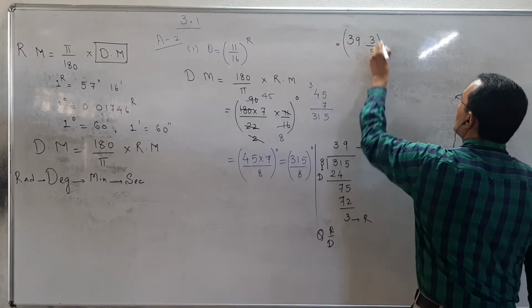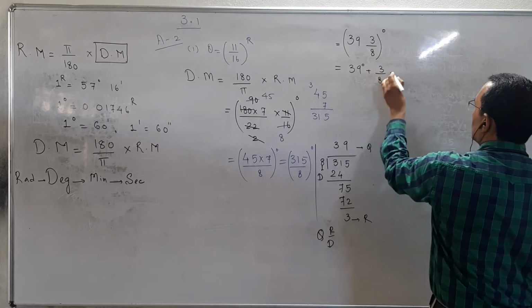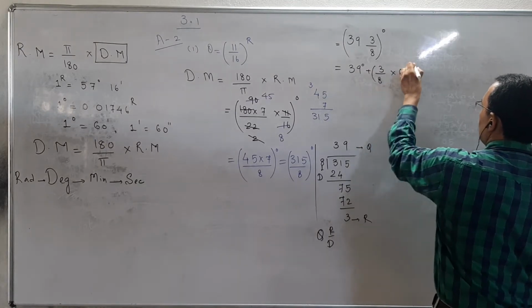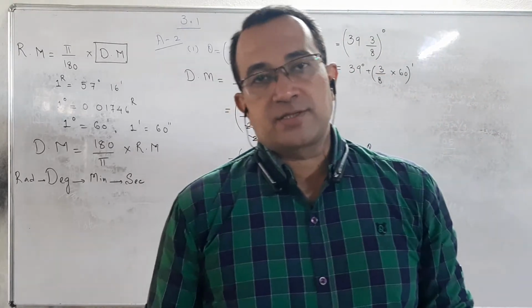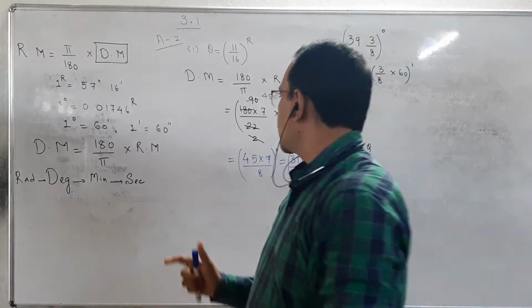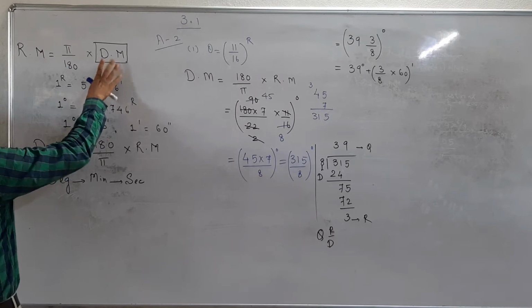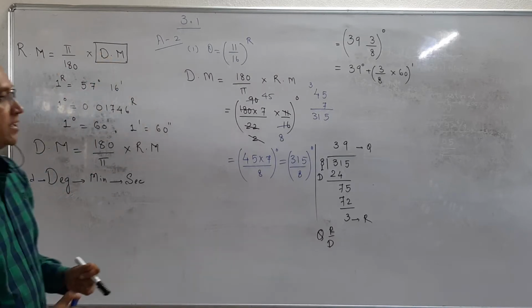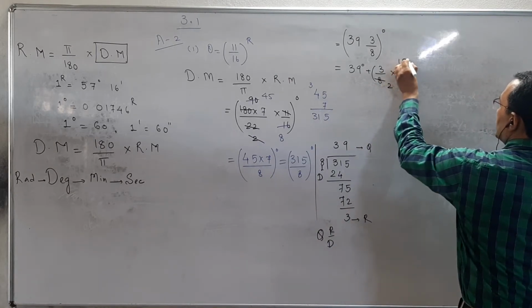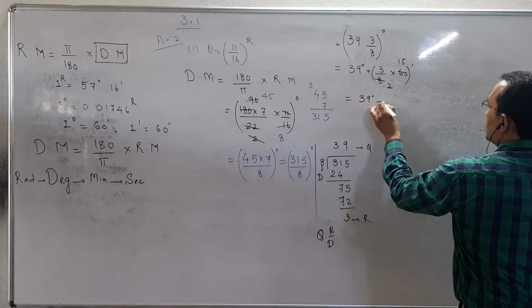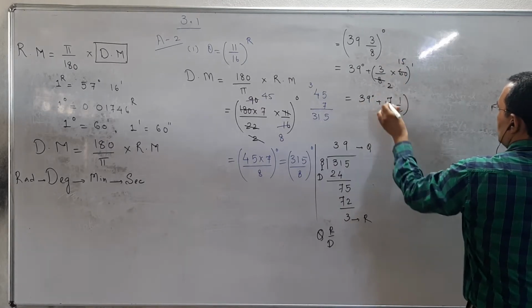Now separate out the integer part and fractional part and convert it into minutes by multiplying by 60. So the reverse process: while converting radian measure to degree measure, we have to multiply by 60, and while converting degree measure to radian measure, we are dividing by 60. 4 2s are 8 and 4 15s are 60. So this is 39 degree, 15 by 2 is 7 integer divided directly.